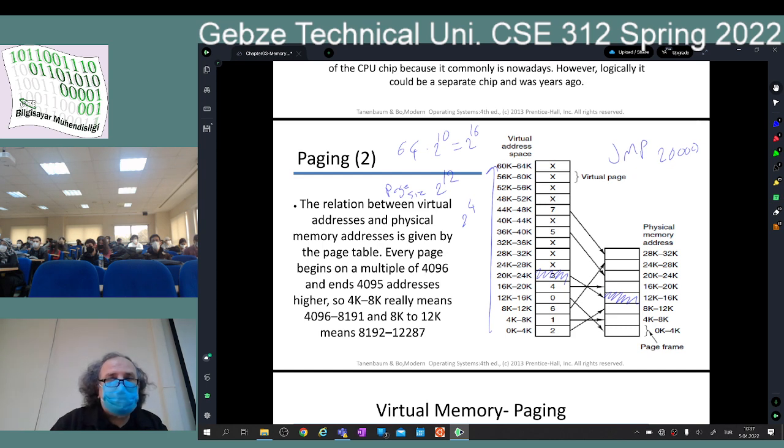As I said, as long as this page table is not large, no problem.